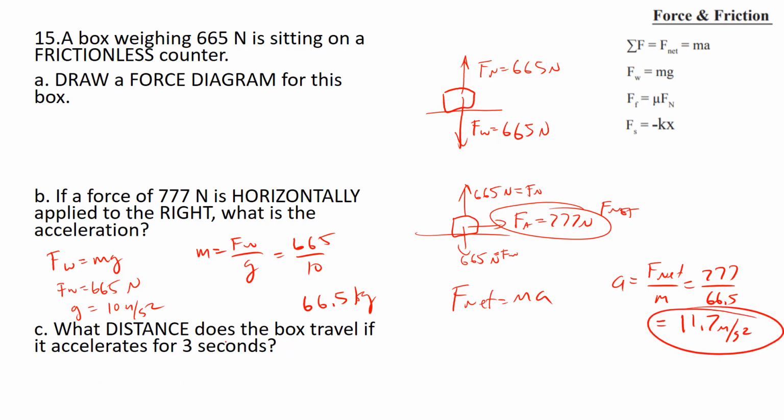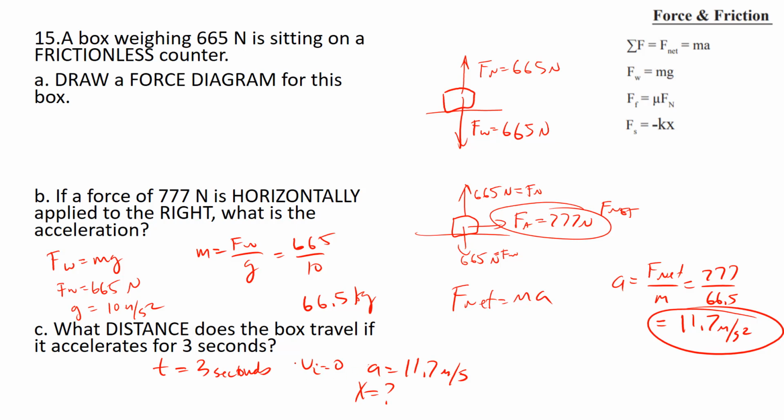Okay, what distance does the box travel? It accelerates for 3 seconds, so t equals 3 seconds. Our v_i equals 0. Our acceleration equals 11.7 meters per second squared. And what distance does it travel? It's asking you for x.